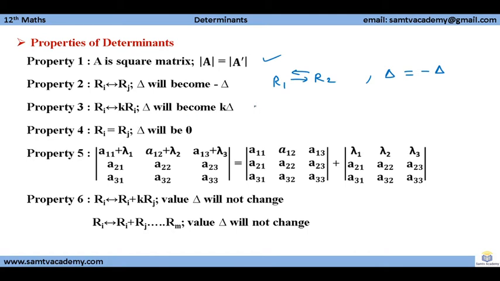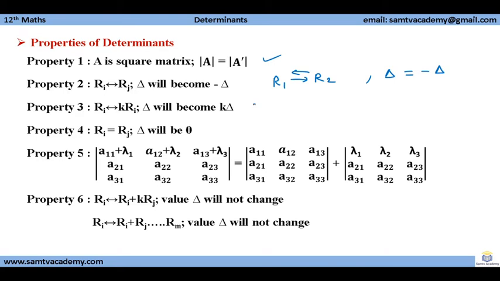Next, the third property: as I told in the last slide, however many times you multiply any row or any column, that scalar value will appear in the determinant.